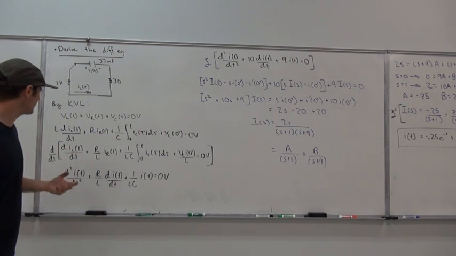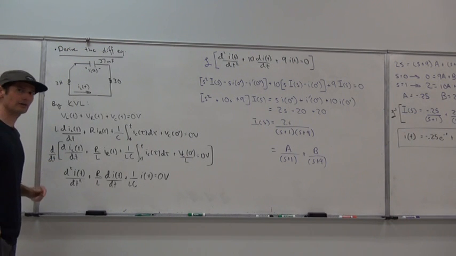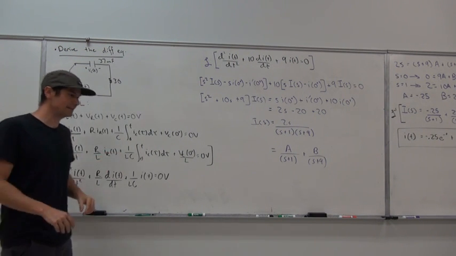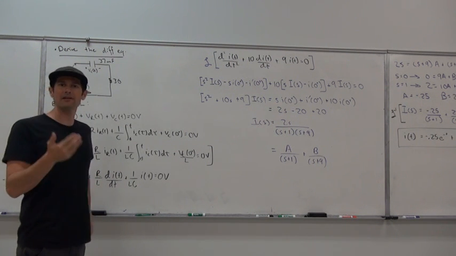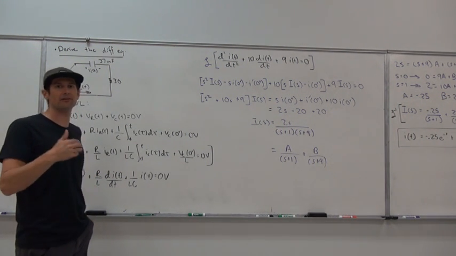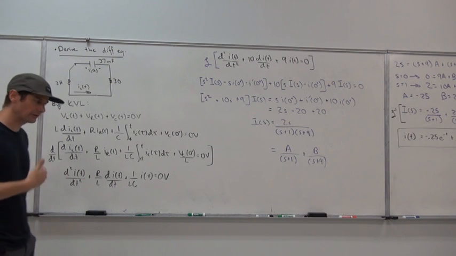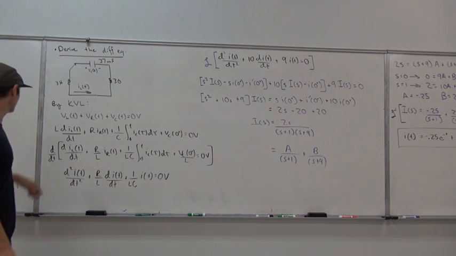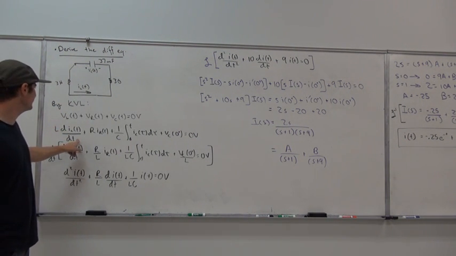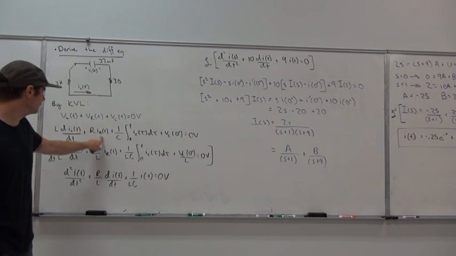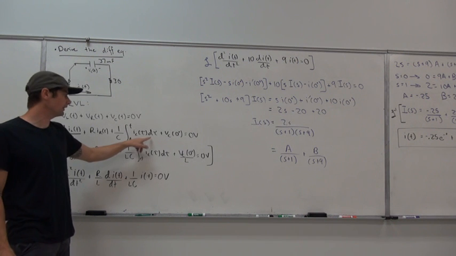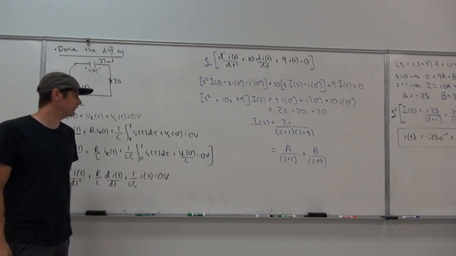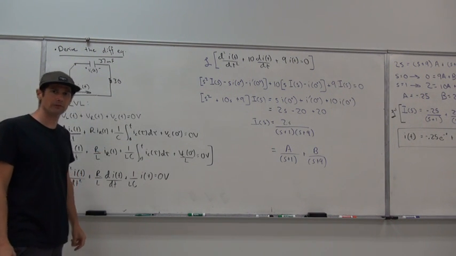And once we expand that by the current-voltage characteristics, everything in that equation will be of the form of the inductor's current, because IL of t is equal to IR of t is equal to IC of t. So series elements have the same current. So L dIL of t dt plus R times IR of t plus 1 over C times the integral from 0 to t of IC of tau d tau plus VC of 0+ is equal to 0 volts.